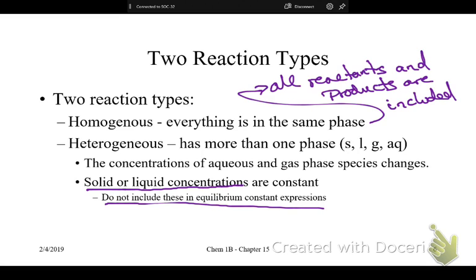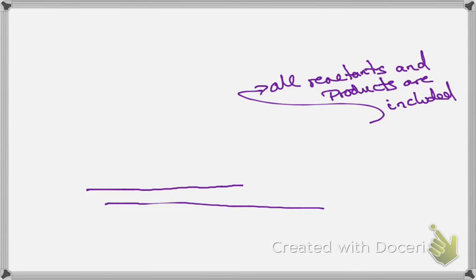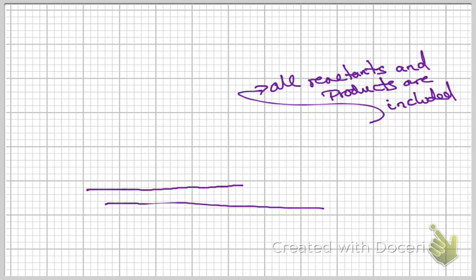Let me make a little side note here. I'm going to make a little extra slide. I'm going to use graph paper because that looks cool. This is not something you think about a lot, but I'm going to draw a cube, and let's say it's made of water.